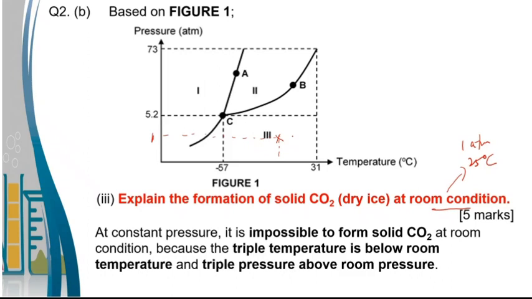So at room condition, the solid carbon dioxide will sublime into gas. It won't exist in the form of solid. So this is one mark, and the other mark goes to the second part.